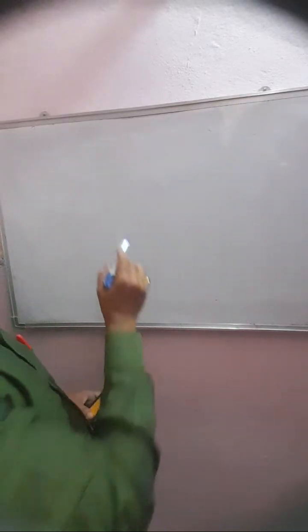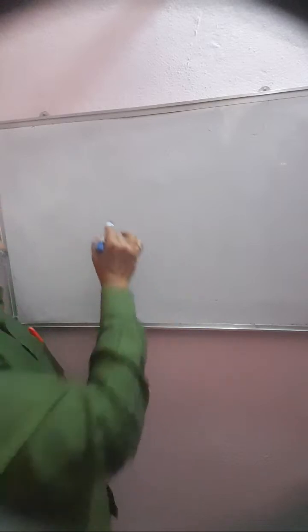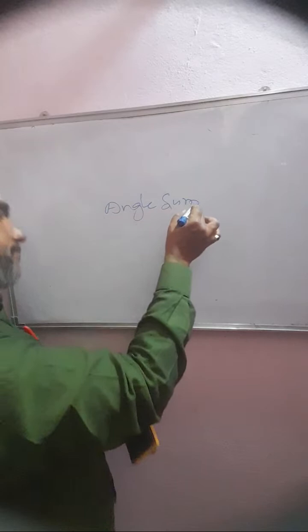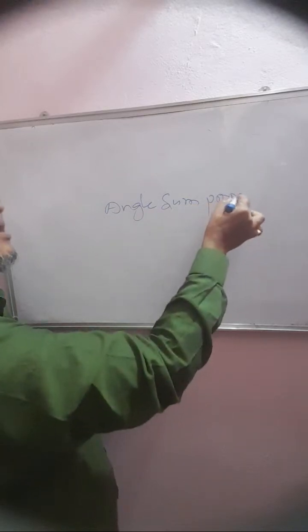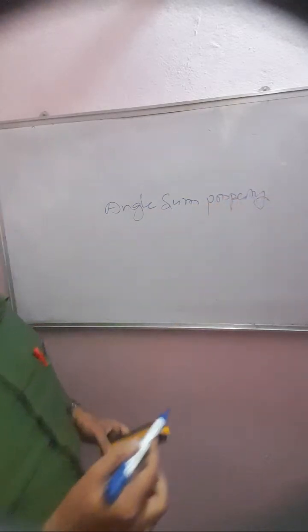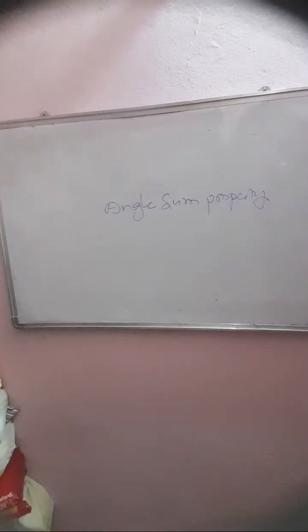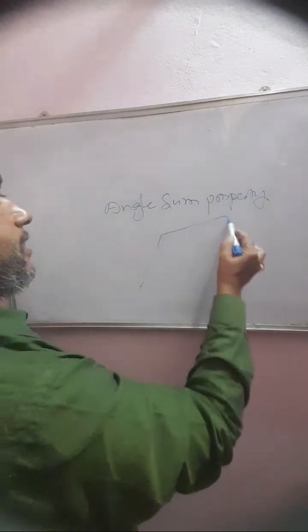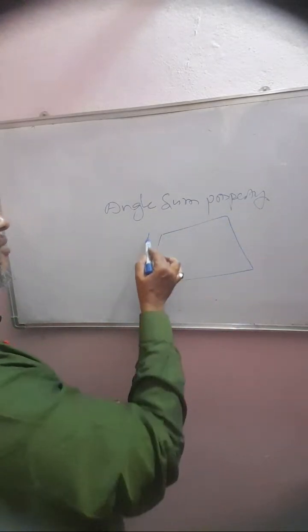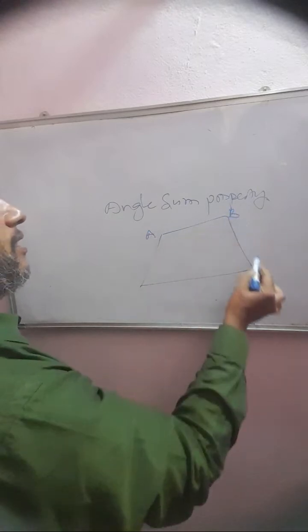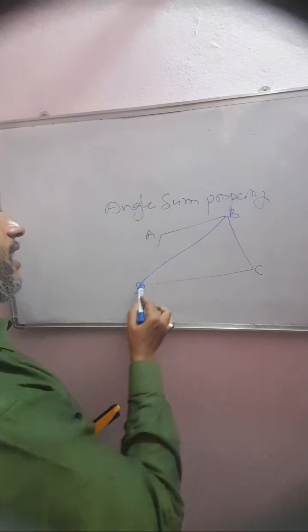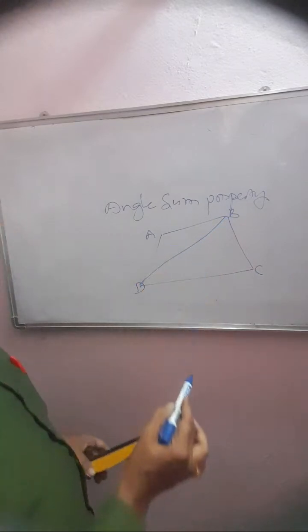First we will learn the angle sum property of a quadrilateral. It is very easy to understand. As we know, this is one quadrilateral, and when you draw one diagonal, we get two triangles.